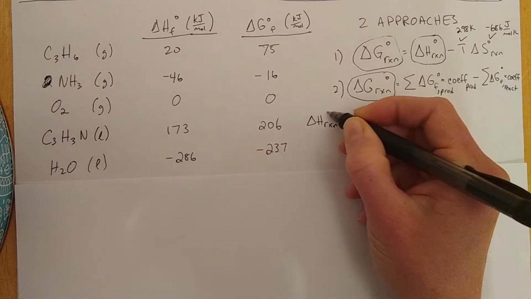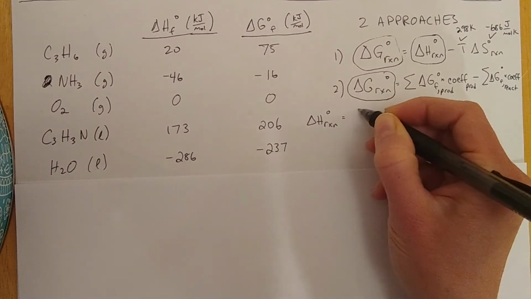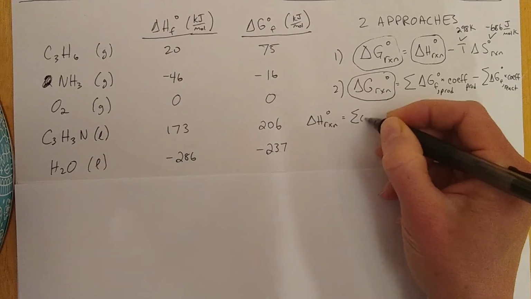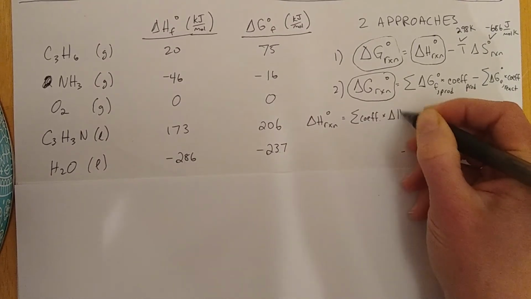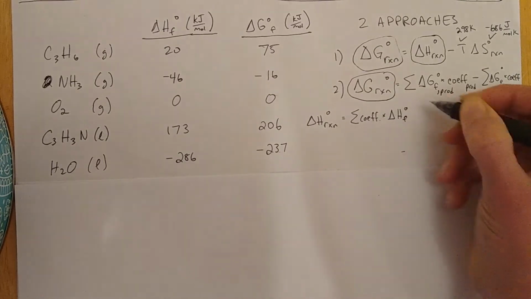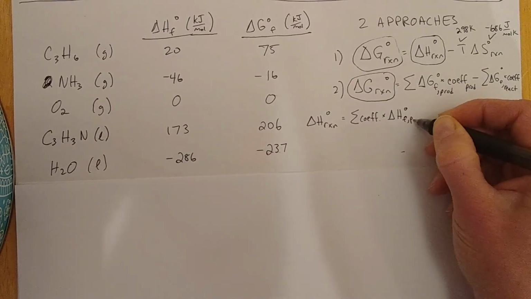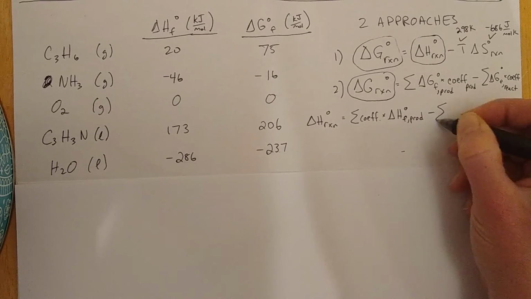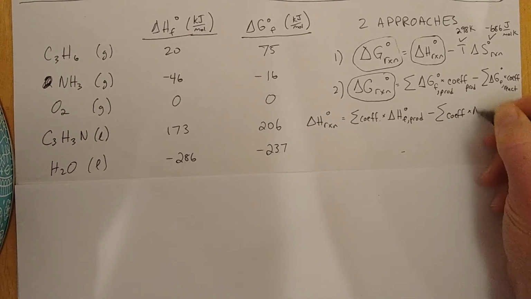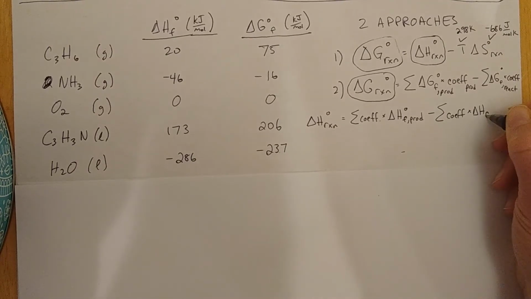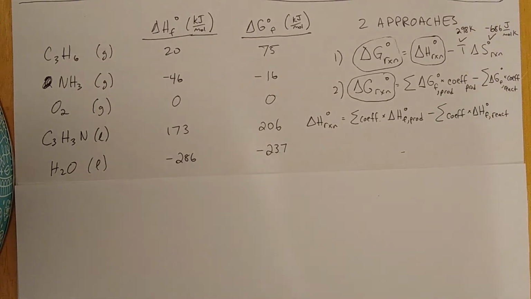The standard state enthalpy of reaction is also the sum of the products' enthalpies of formation minus the sum of the reactants. And again, taking all the coefficients and multiplying them by the enthalpies of formation at standard state for all the reactants.